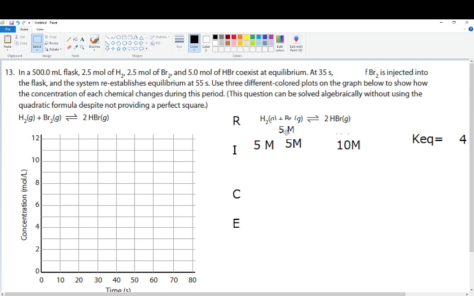And as we just showed with the seesaw, that's going to tilt the seesaw down, and then we're going to create more products to balance out. Nature is, which means the change for products is going to be plus, and the change for these is going to be minus. Notice that this is new initial when we added the 5, and the 5 is 10.